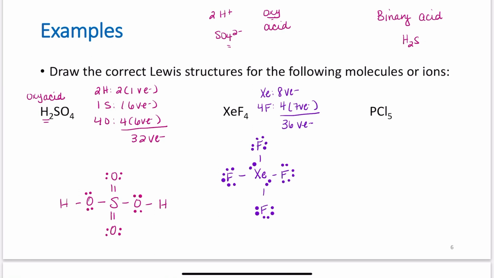And PCl5. Phosphorus, again, has 5 valence electrons. I have 5 chlorines here. 5 times 7 valence electrons. 5 times 7 is 35, plus 5 is 40 valence electrons.